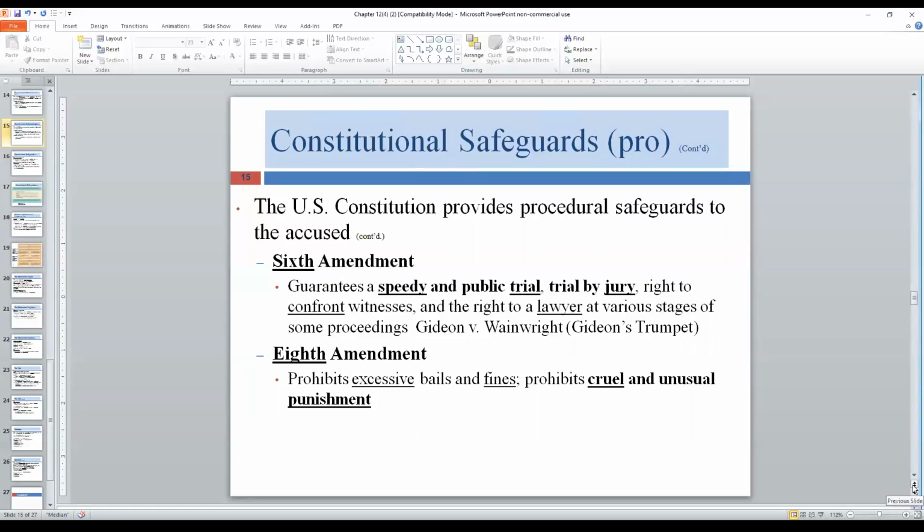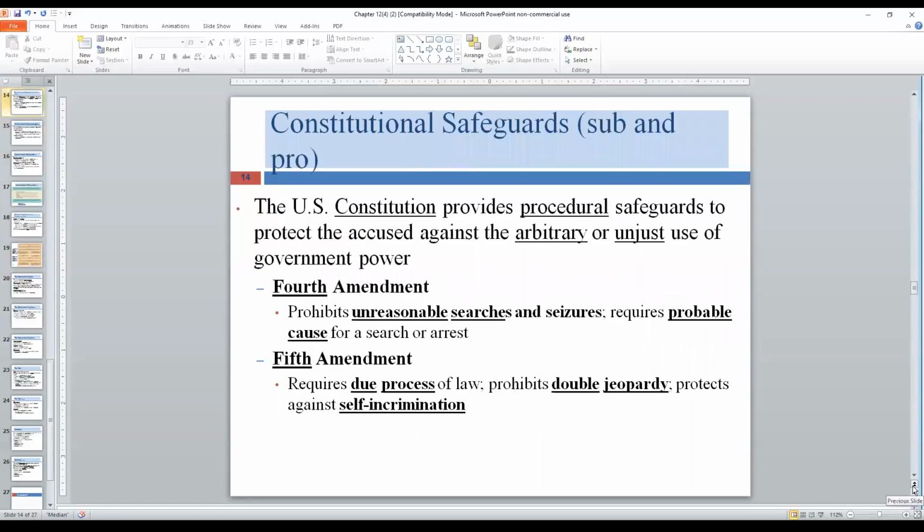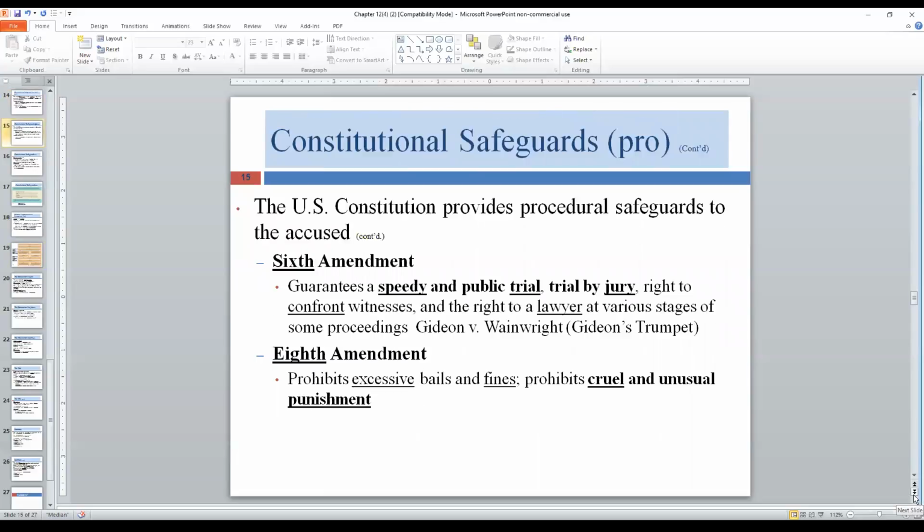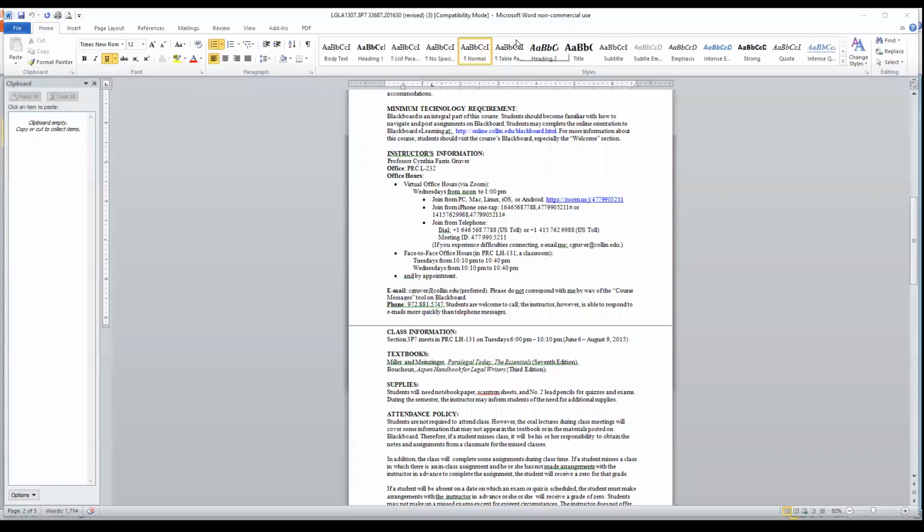I think it's in the Sixth Amendment. It might be the Fifth Amendment. Let me go ahead and flip over. Oh, wait a second, I pulled up the wrong document.